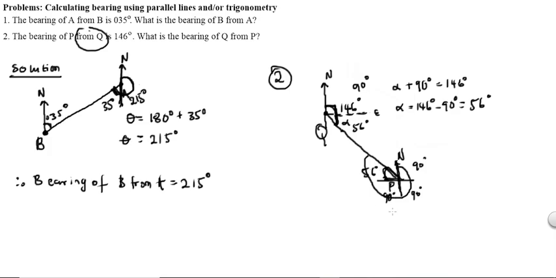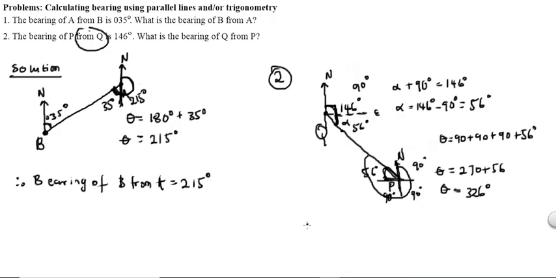Let's call this angle theta. So theta is equal to 90 plus 90 plus 90 plus 56. 90 plus 90 plus 90 is 270, plus 56 gives theta equal to 326 degrees.